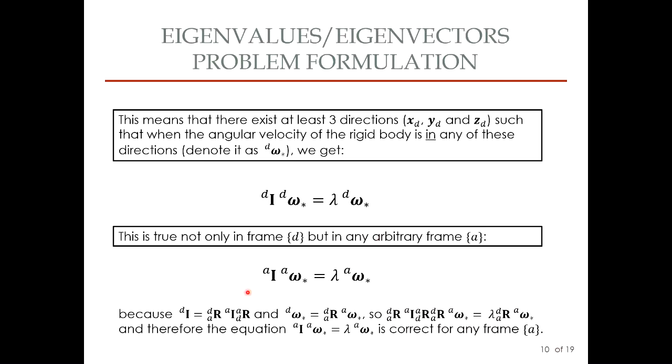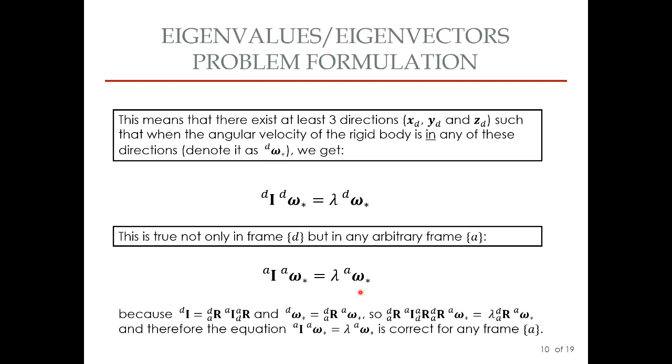If I have this, I'm on the right track to finding my frame D, essentially. And if such a D frame exists, then I have all three directions. So this equation will be correct for three types of directions for omega: x, y, z of frame D.